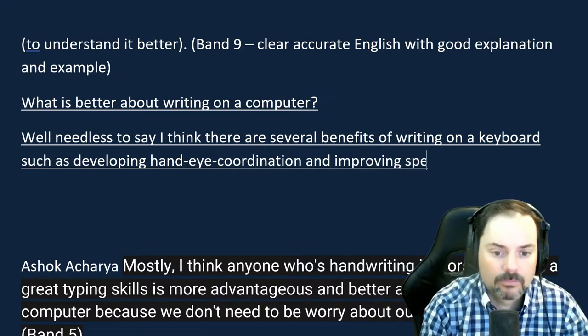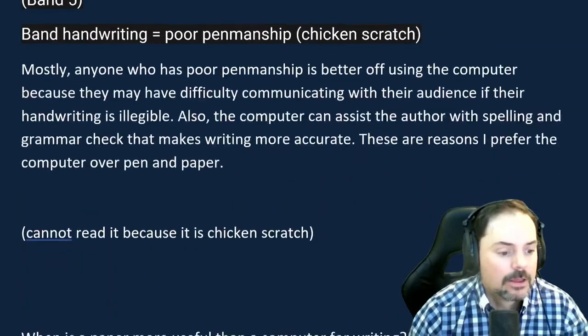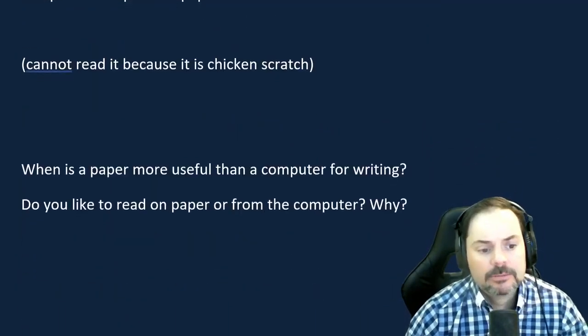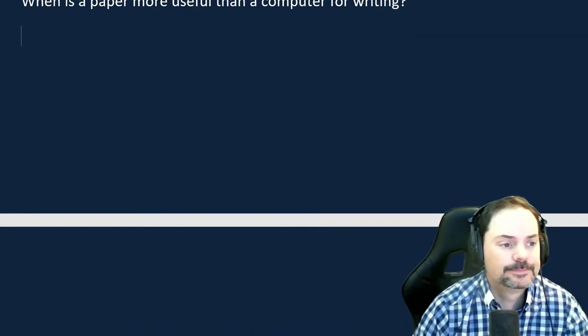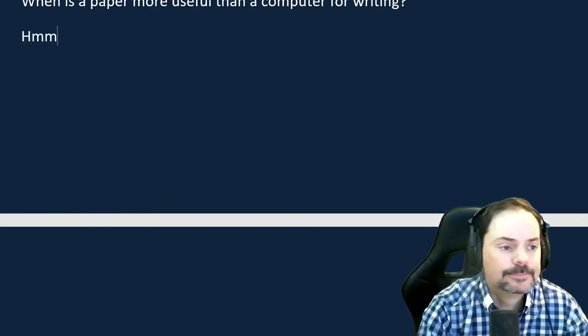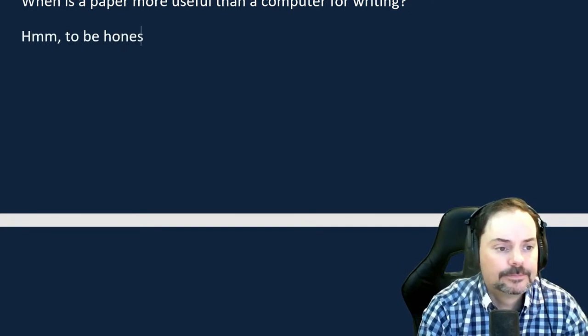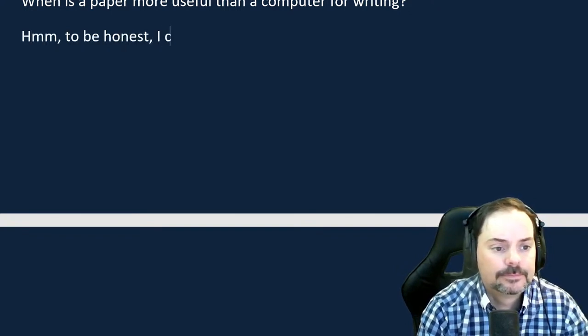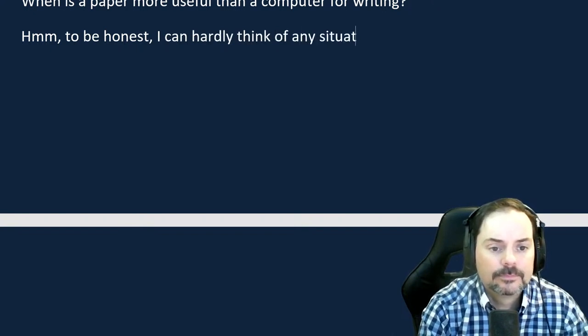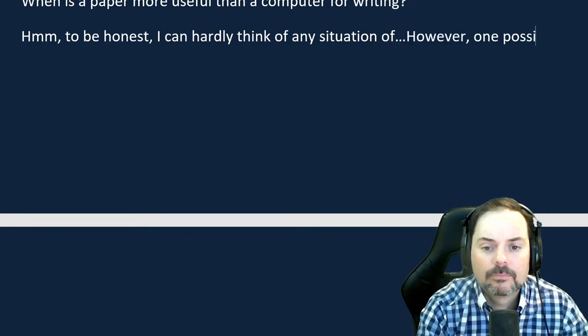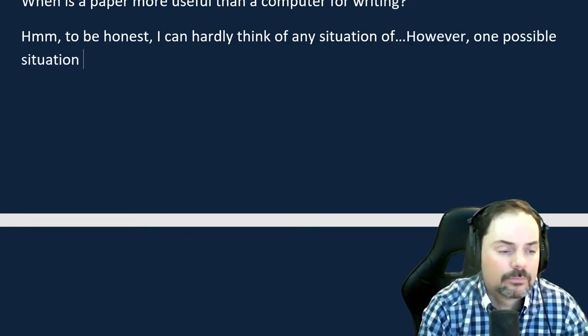When is paper more useful than a computer for writing? To be honest, I can hardly think of any situation when writing on paper is better. However, one possible situation when pen and paper is better is when people are outside in the streets and they just can't use their computer.